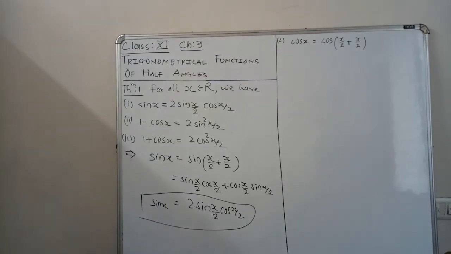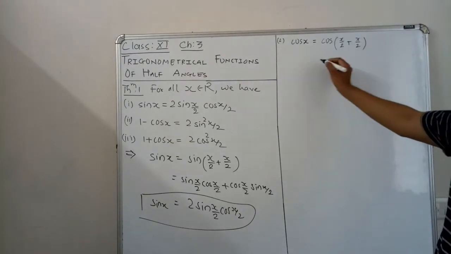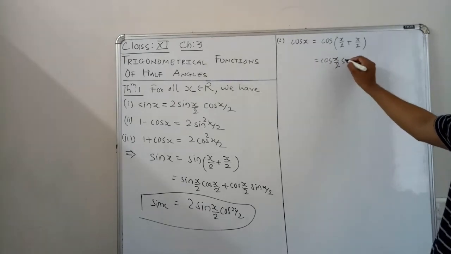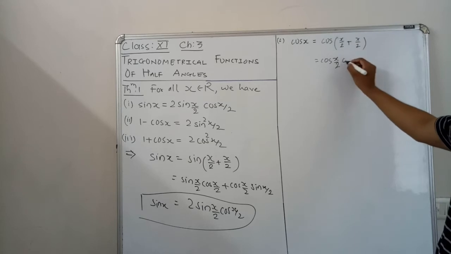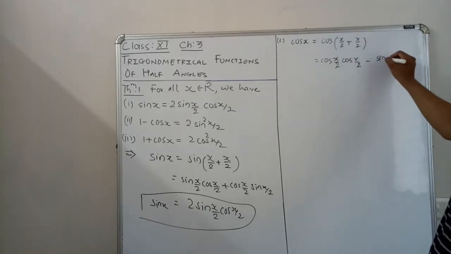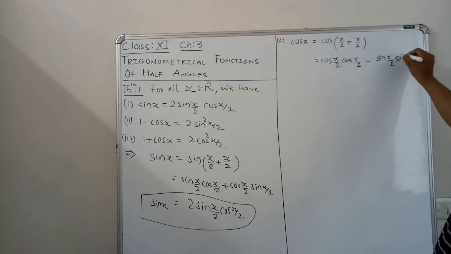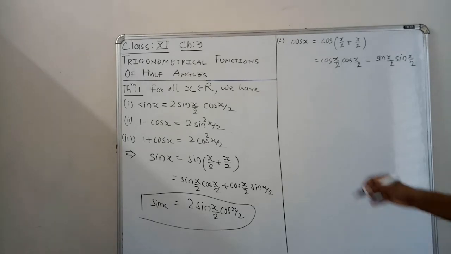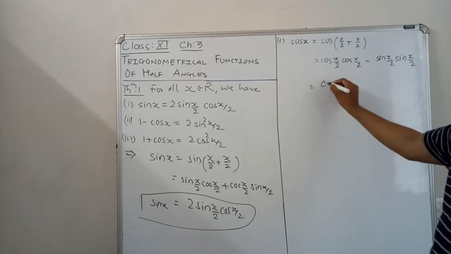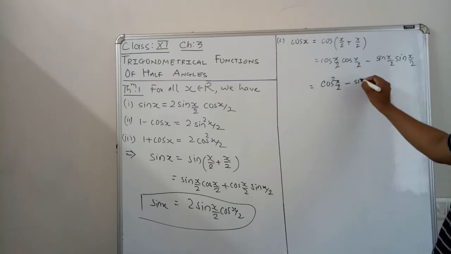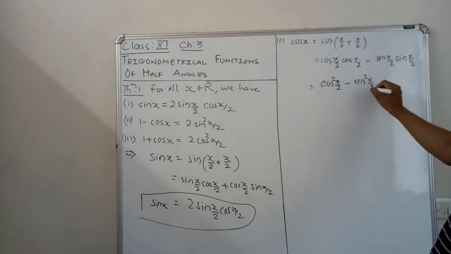Now the formula for cos(x plus y) is cos x by 2 into cos x by 2 minus sin x by 2 into sin x by 2. Understand? Now simply, here it is cos square x by 2 minus sin square x by 2.